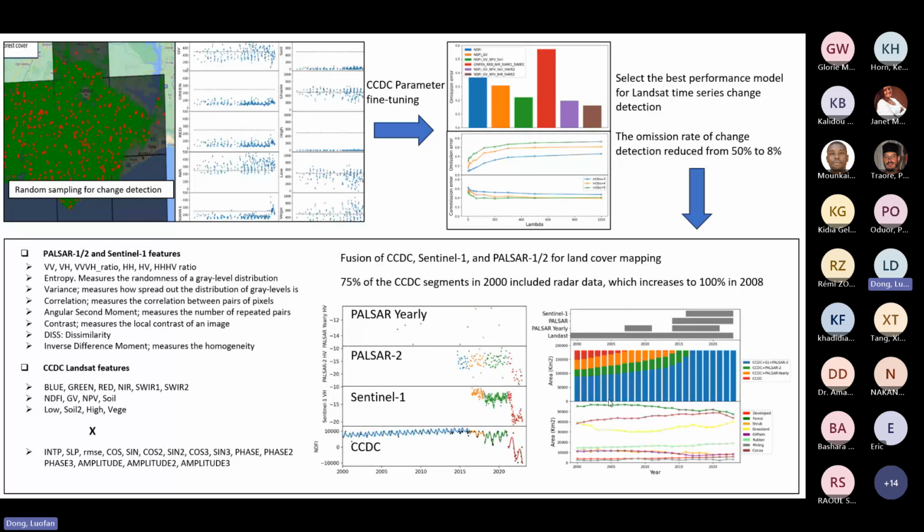After 2008, because PALSAR-1 was included, 100% of the pixels, that means every pixel in the region, has radar data available. So if you are doing a land cover change study after 2008, this is perfect. But still, in the early 2000s, there is a quarter of the pixels we might need to pay attention to because they don't have any radar data.